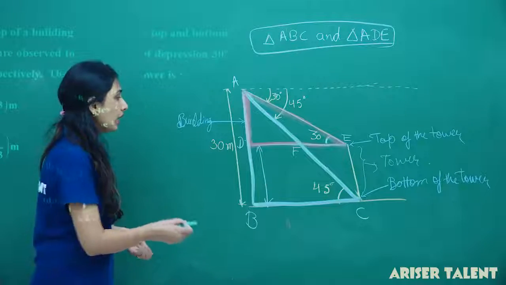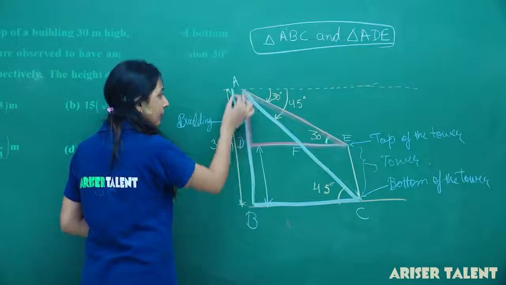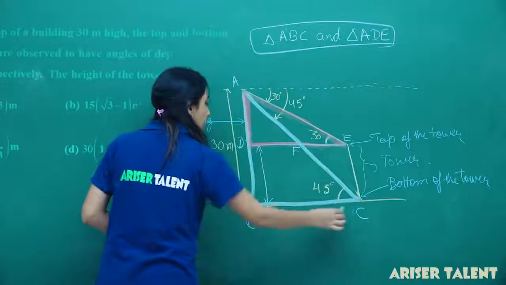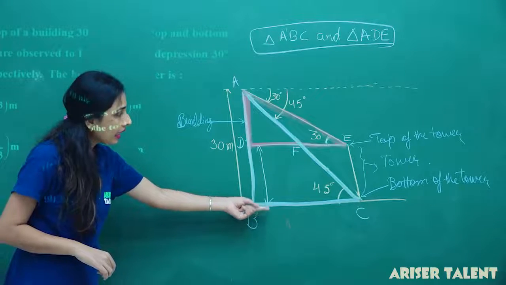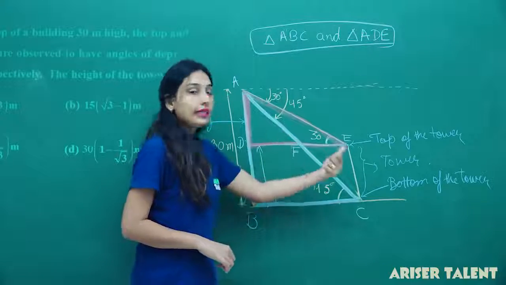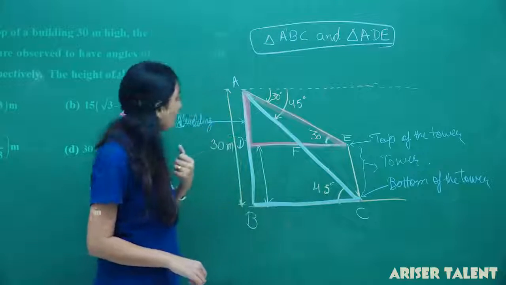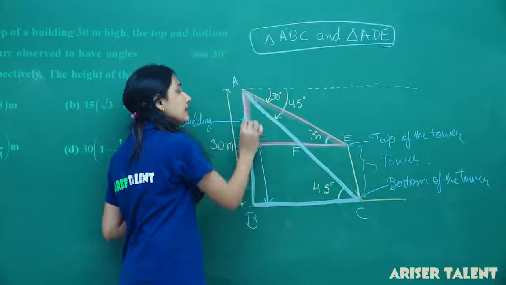So, what do I have to do? I have to take care of this triangle, and I know this side, so I will find this side. After finding this, side BC will be equal to DE. Then, after finding DE, I can easily find this.